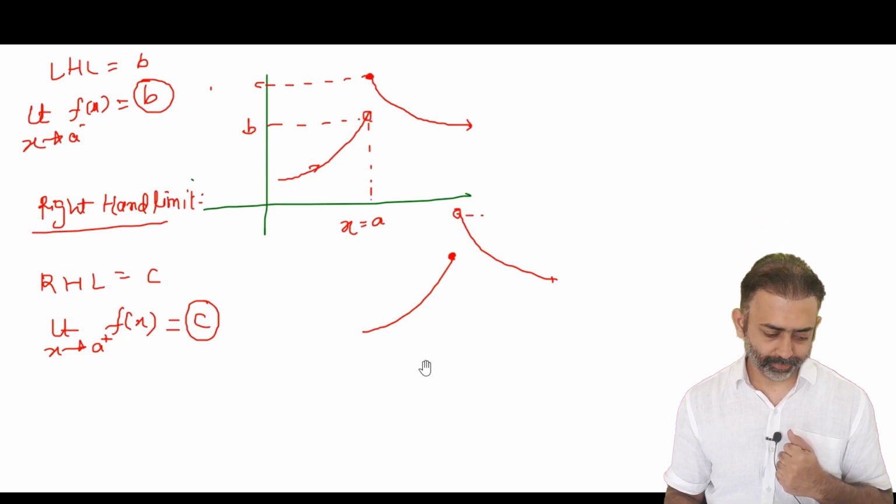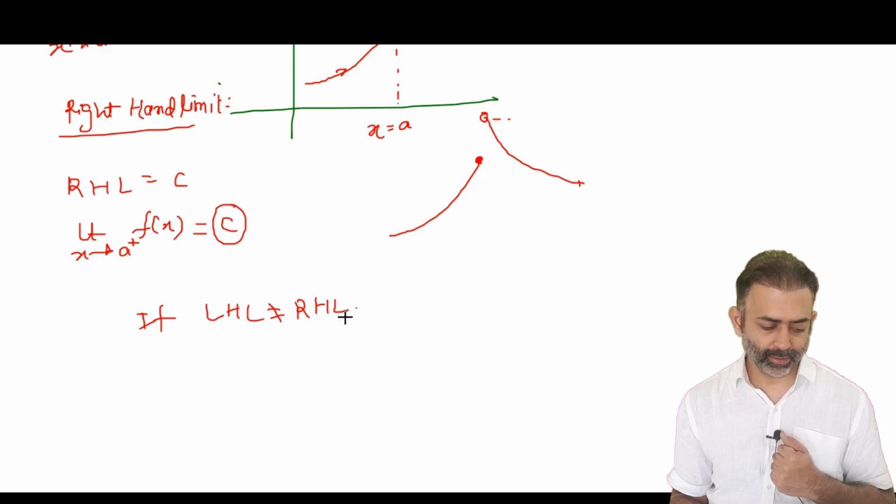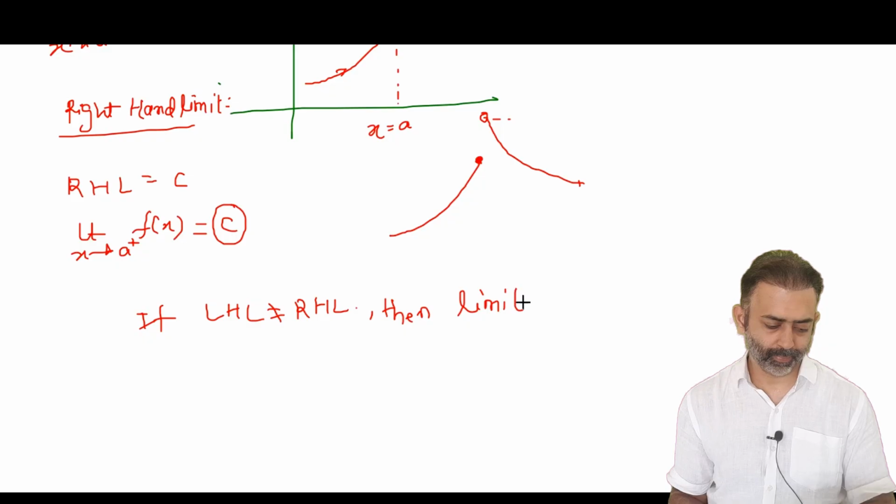Okay, so we can say that if the left hand limit is not equal to the right hand limit, then the limit does not exist.